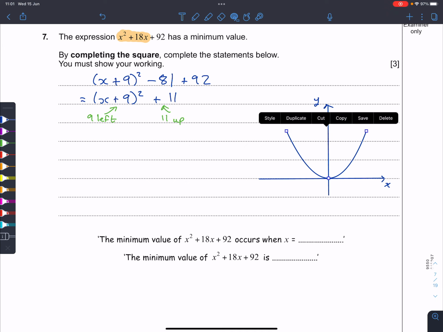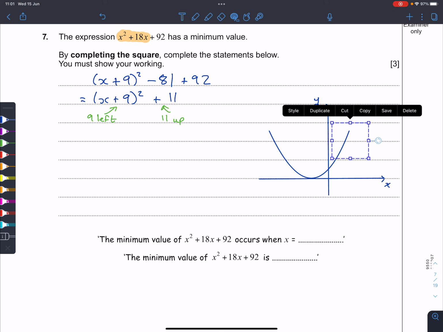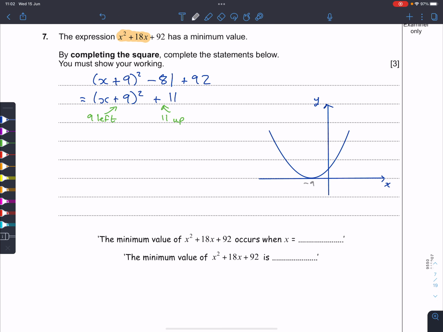There's my parabola. At the moment, this base point, this minimum point, is at 0, 0. So when the graph moves 9 to the left, that base point is going to be at negative 9. And then it moves 11 up.